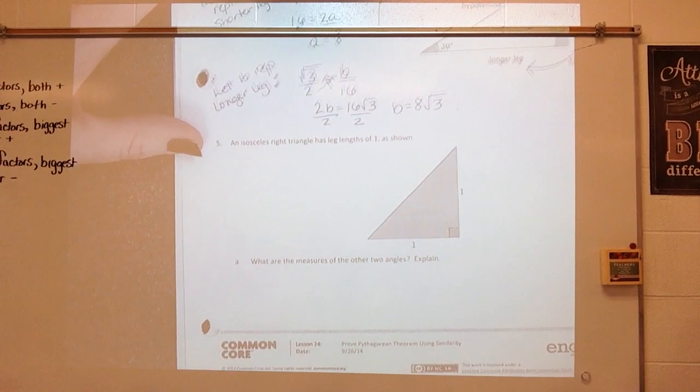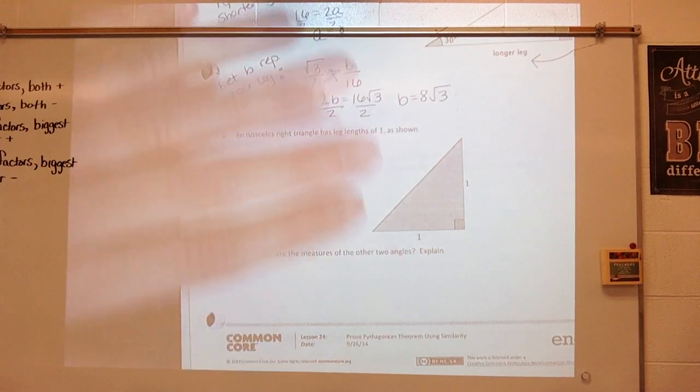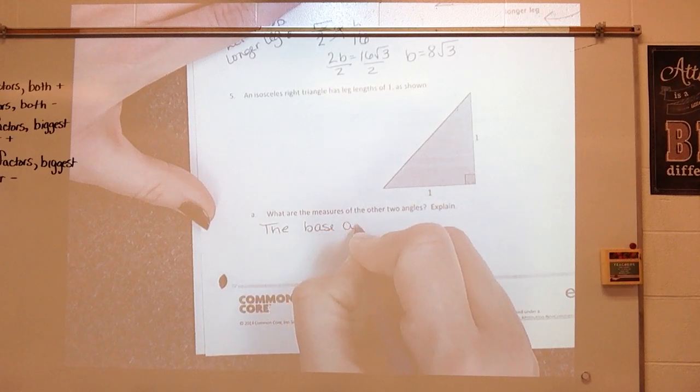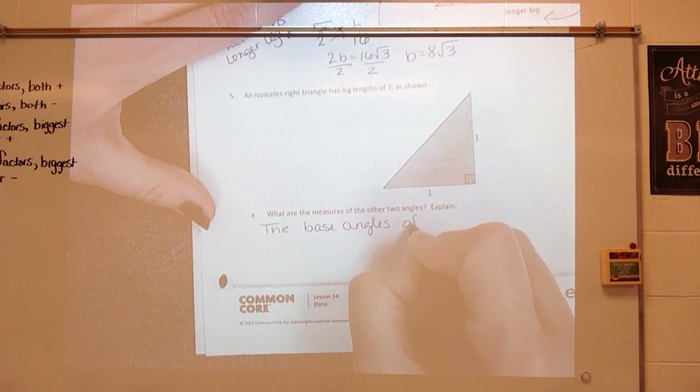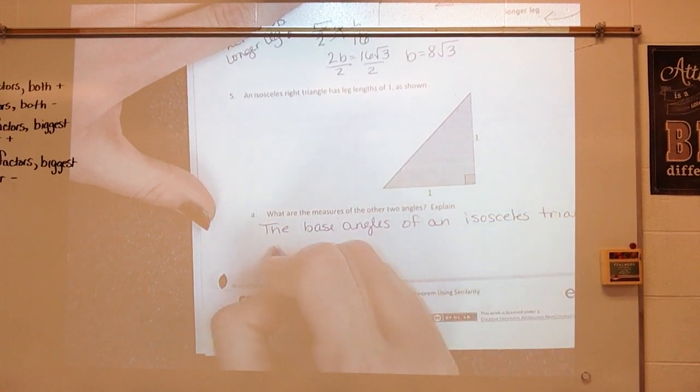An isosceles right triangle has leg lengths of 1, as shown. What are the measures of the other two angles? And explain. Well, what do we know about the base angles of an isosceles triangle? They have to be equal. Alright? So the base angles of an isosceles triangle are equal.